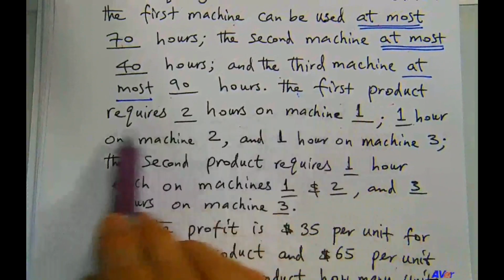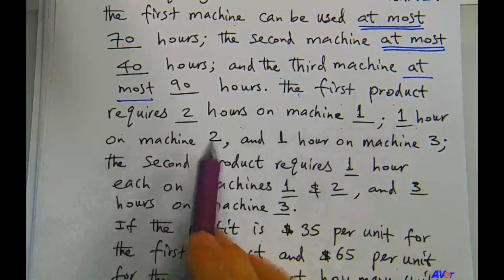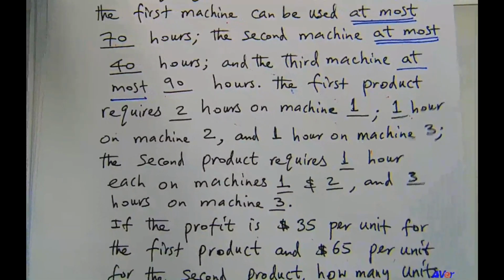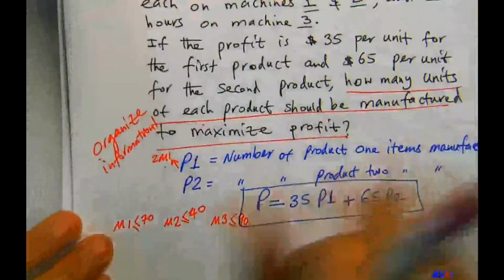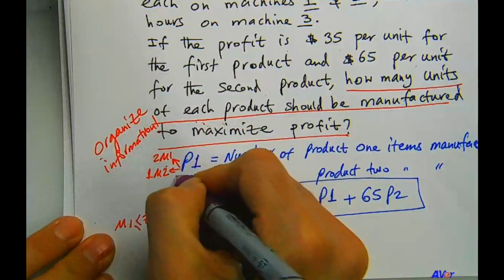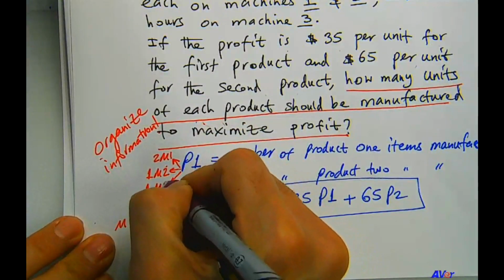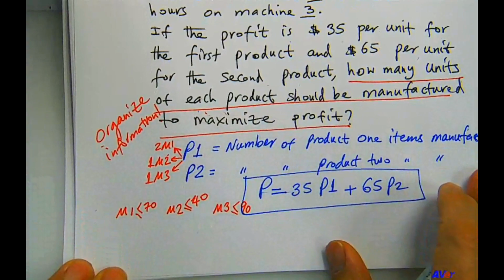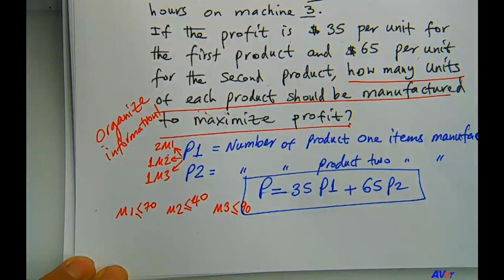The first product requires 2 hours on machine 1, 1 hour on machine 2, and 1 hour on machine 3. So 1 hour on machine 2 and 1 hour on machine 3. Right? Notice what is happening.